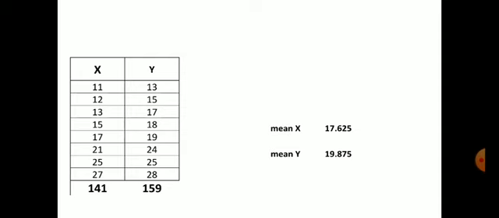Since you get a fraction, you need to use the assumed mean method. Here dx is x minus a, that is x minus 11, and dy is y minus a, that is y minus 13, right?